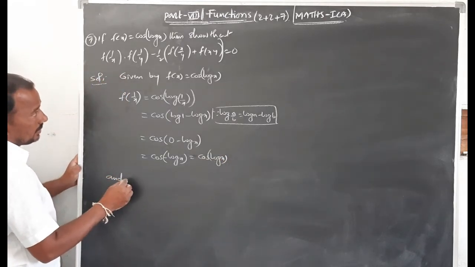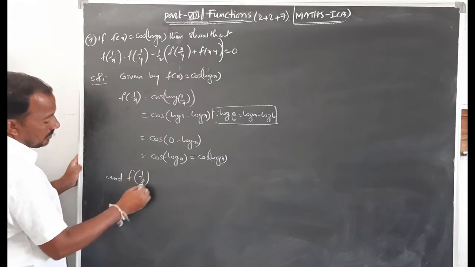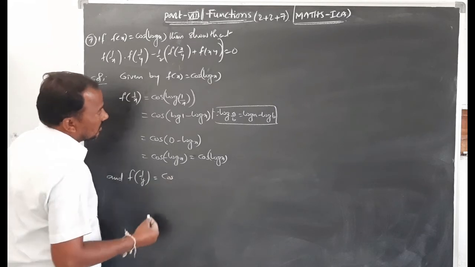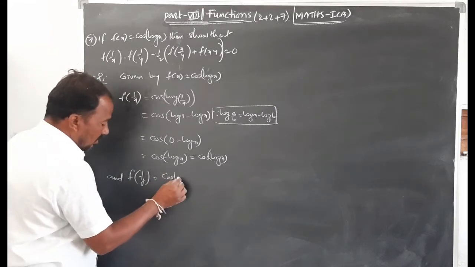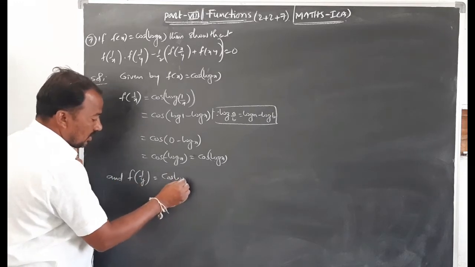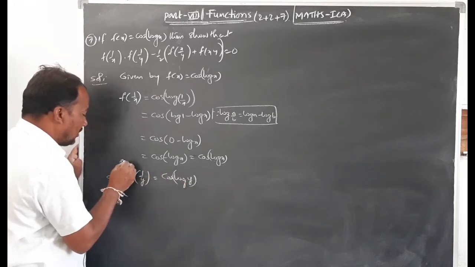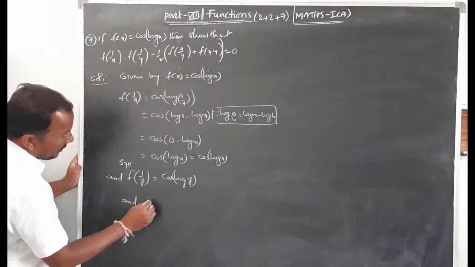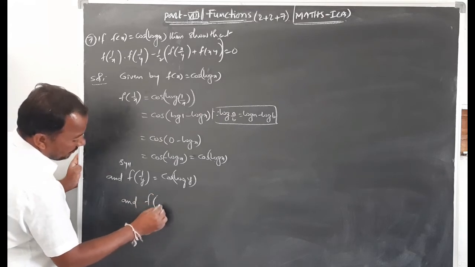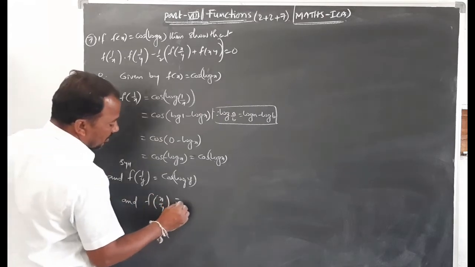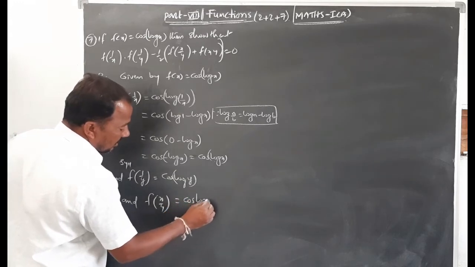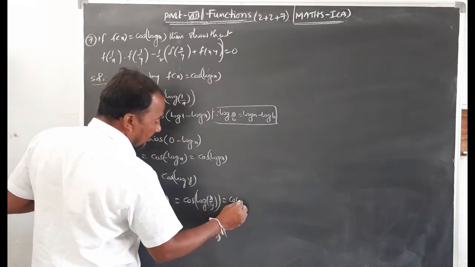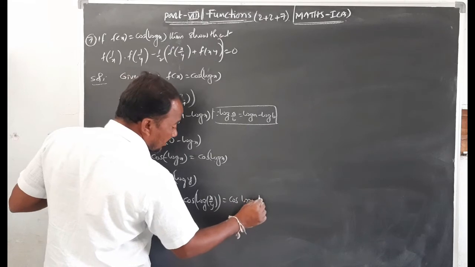And f of 1 by y, similarly, is cos of log y. And f of x by y equals cos of log x by y, which equals cos of log x minus log y.